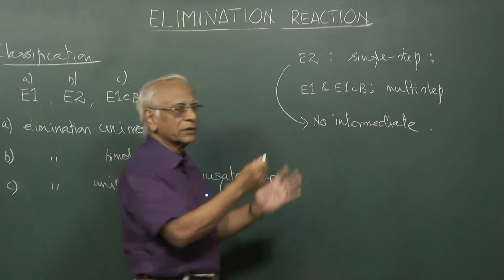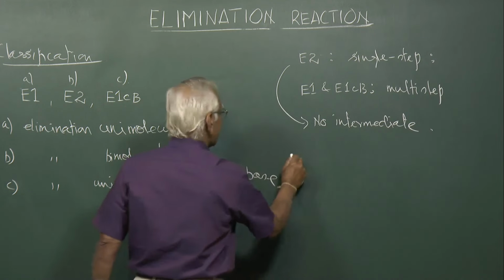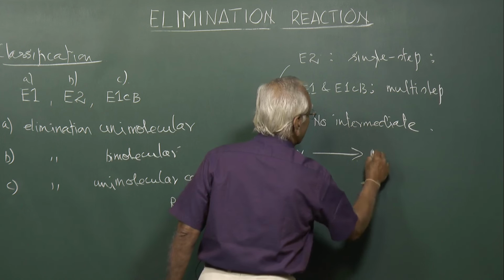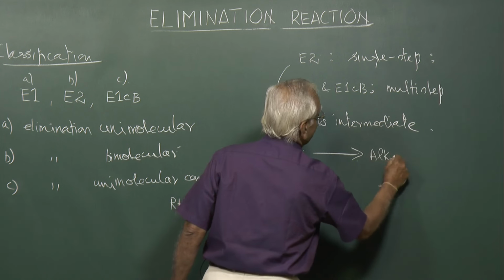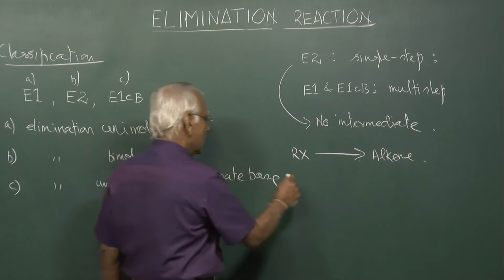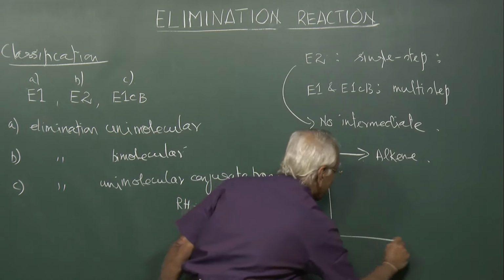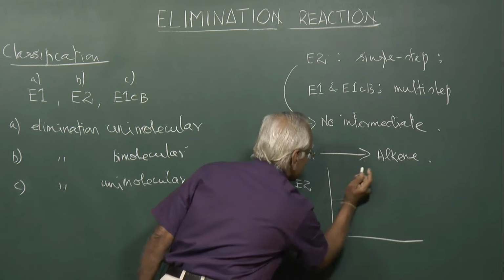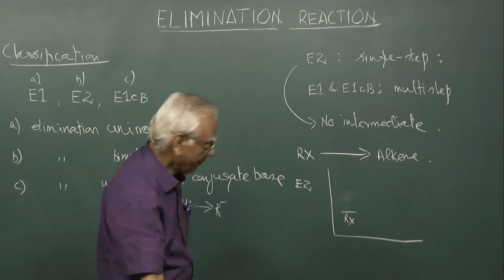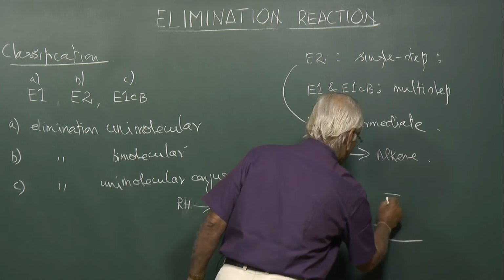Now, how does your potential energy diagram look like? Let's say it is going to be an endothermic process. Let's say alkyl halide is converted into an alkene using a reagent here. In the case of E2 reaction, in your potential energy diagram, this is your reactant, alkyl halide, and this is the alkene; let's assume it's going to be an endothermic process.